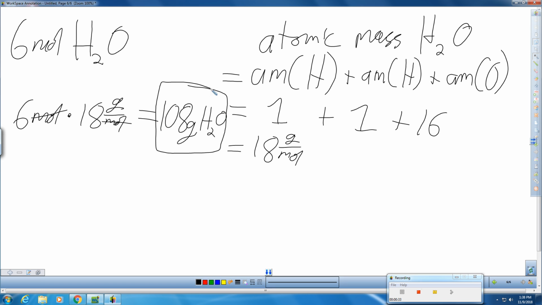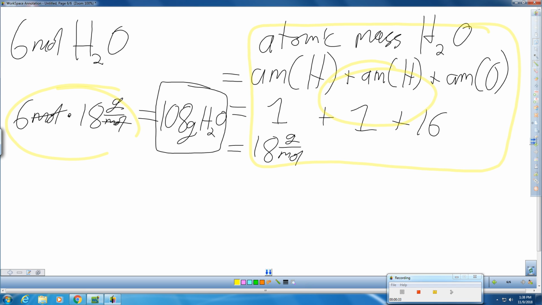Easy, right? Do not forget to do this for whatever molecule you're doing, okay? If you do this part correctly, this part is super easy, right? Can we go backwards? Yeah, let's go backwards.